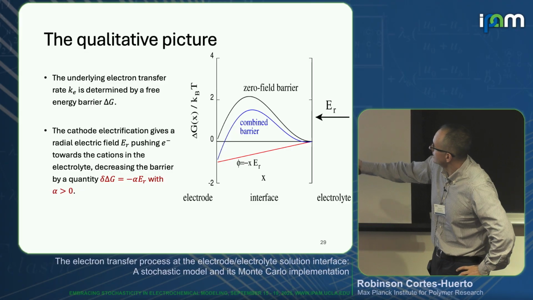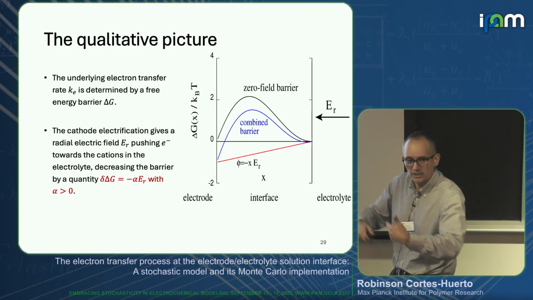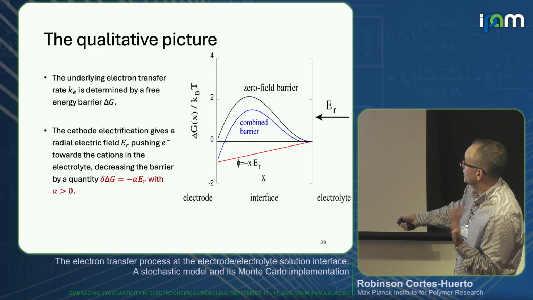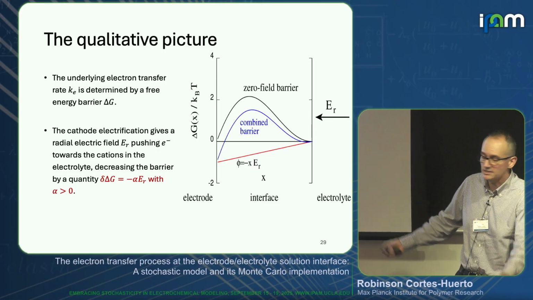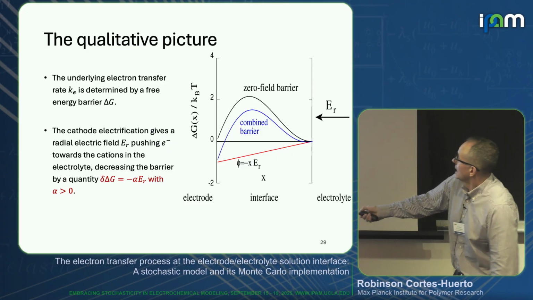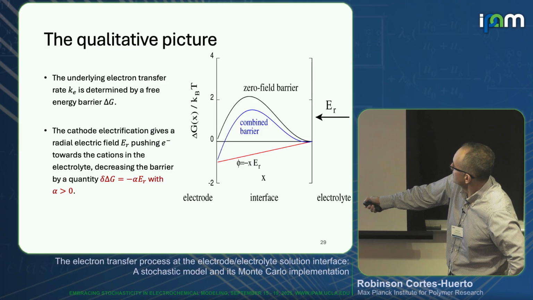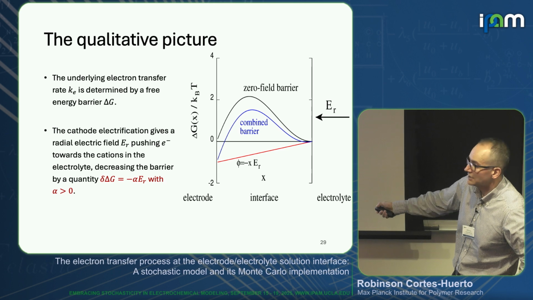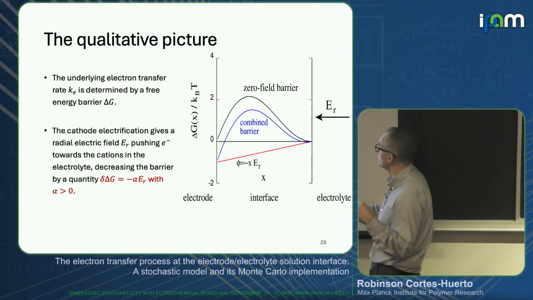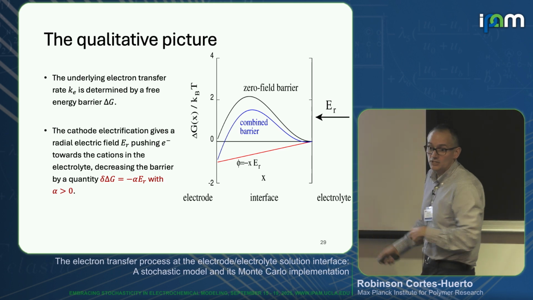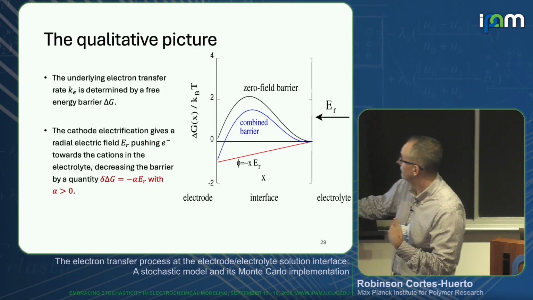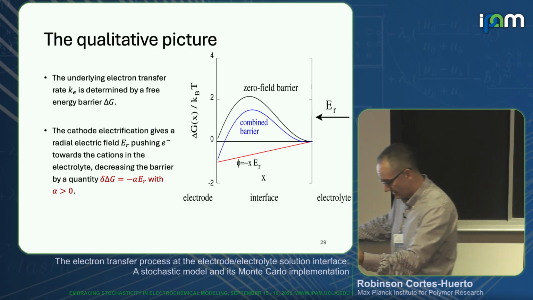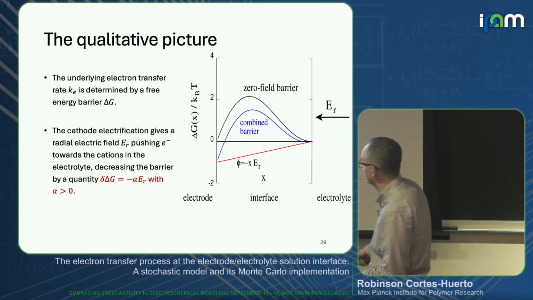But then, since this is electrified, the cations there generate an electric field that we assume is constant because this distance is relatively small. And then we see that the barrier is decreased by the electric field because the electric field is really pushing electrons from the electrode into the electrolyte. So then we have a net decrease in the free energy barrier that the electrons must overcome.